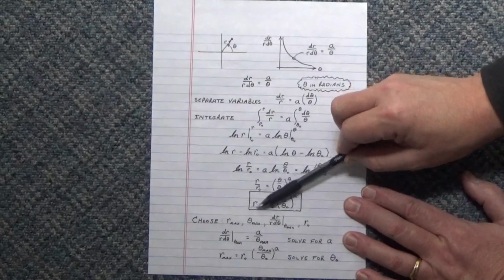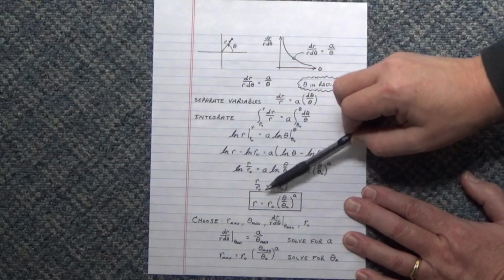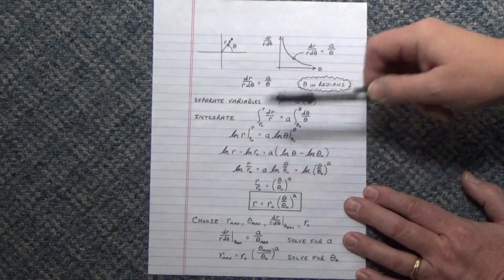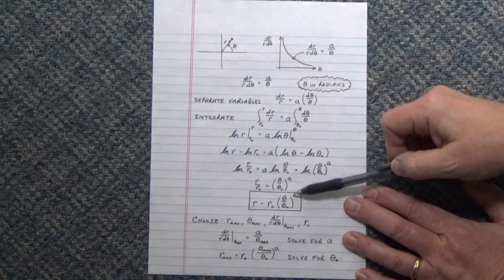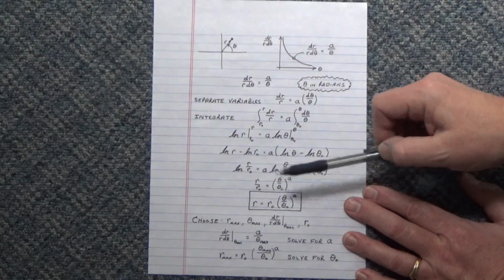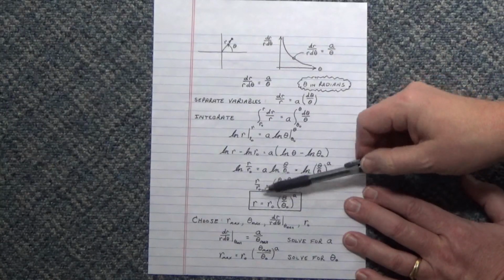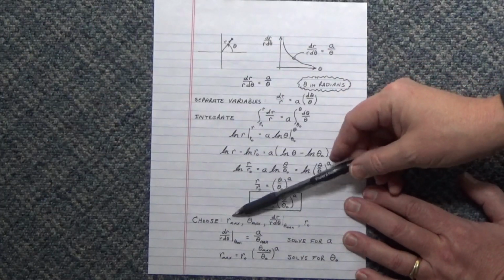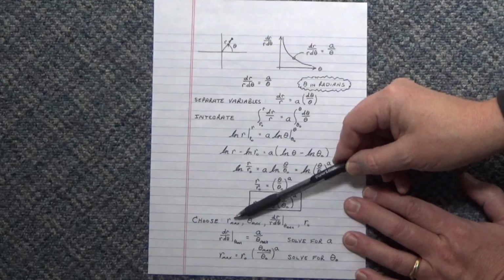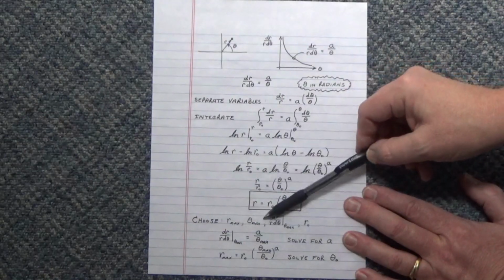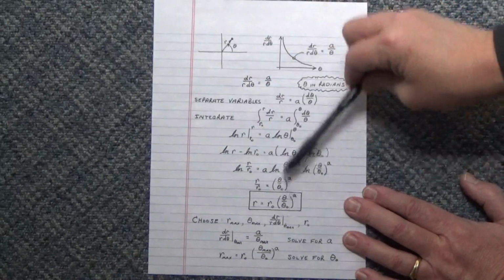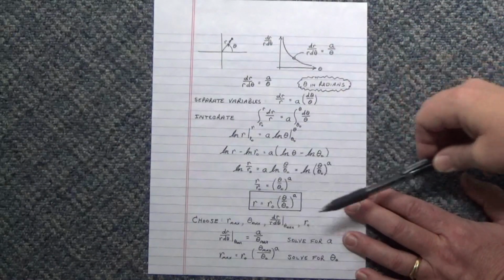And so here's a function for our radius. It's r naught times this quantity raised to the a. The problem is then we need to know r naught, theta naught, and a, and we can calculate r. So we can choose some values like r max, that's going to be the radius of our turbine, and theta max, that's just whatever amount of angle that we want to cover with our wing.